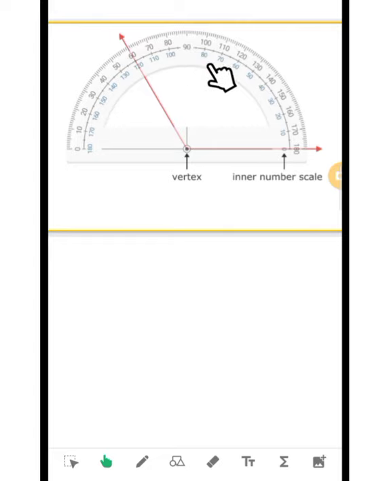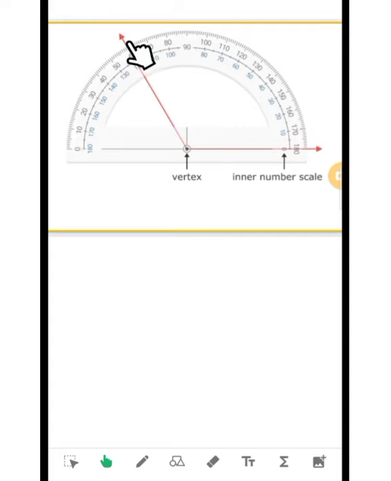Start reading from 0 as 10, 20, 30 and so on till you reach the reading where the other ray coincides with the line of the outer side. From here we have to read the degrees.